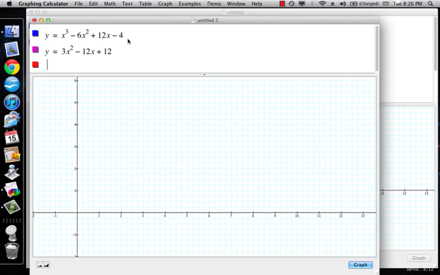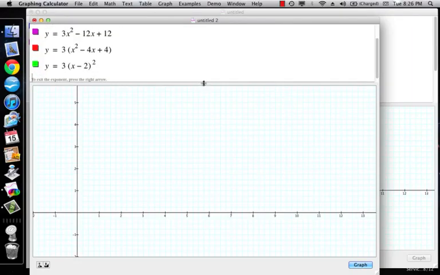So y equals 3 times x squared minus 4x plus 4, and then I can factor that into x minus 2 squared. So y equals 3 times x minus 2 squared.